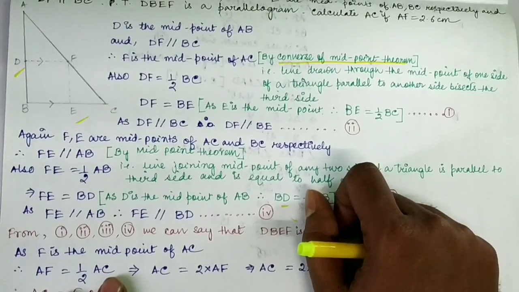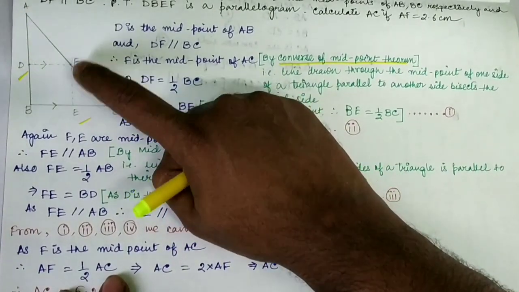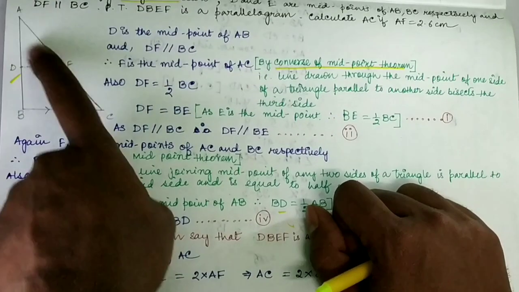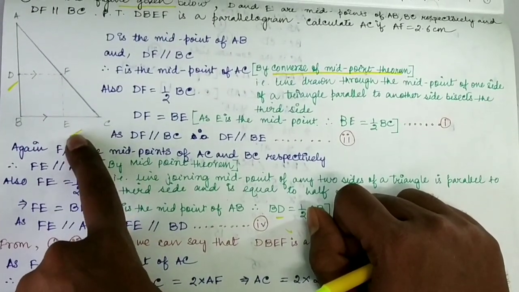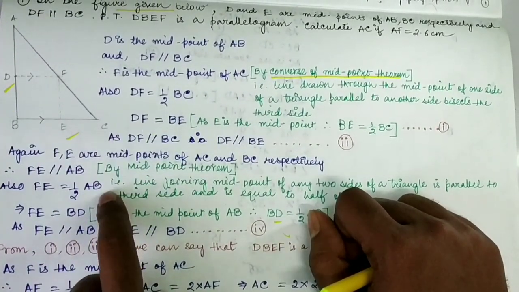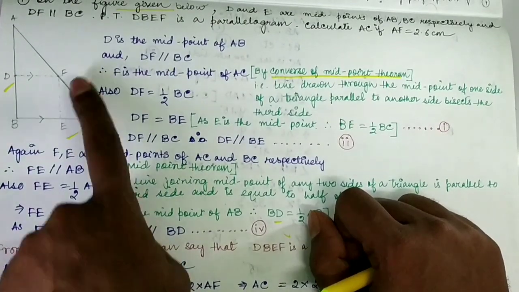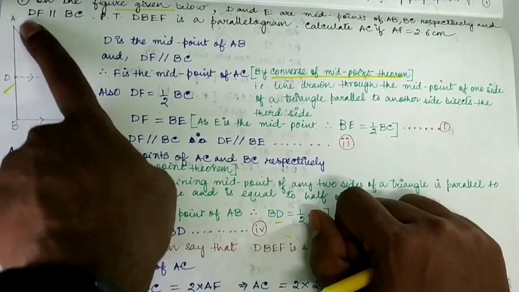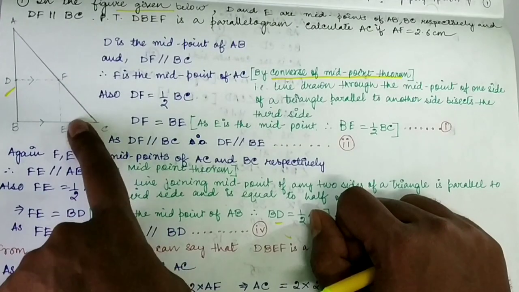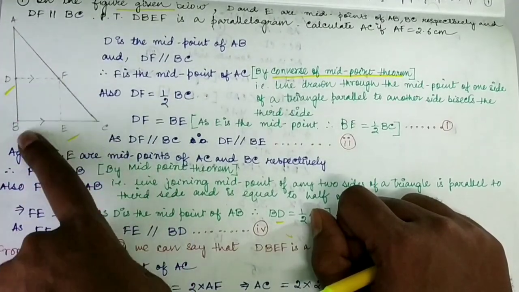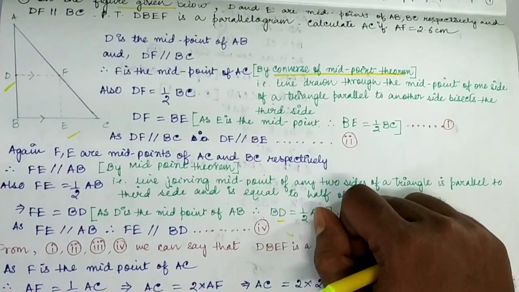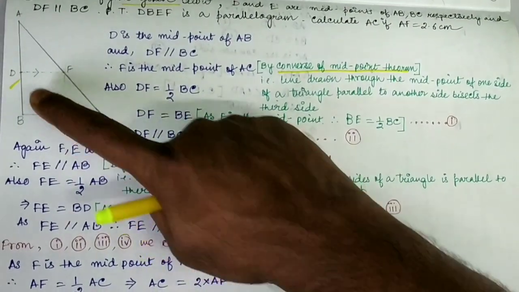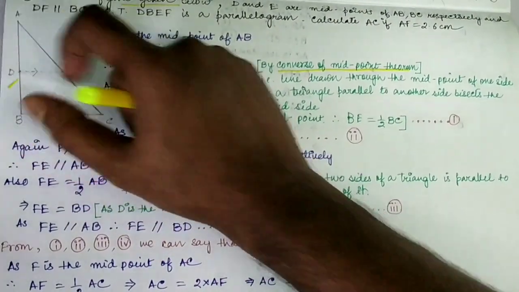Okay. Next again, I have considered the points F and E. Now the point F is the midpoint of AC, and point E is the midpoint of BC. Now from midpoint theorem we know that this line FE will be parallel to AB, and this line FE will be equal to half of AB. Okay. Now see guys, the point D is the midpoint of AB.